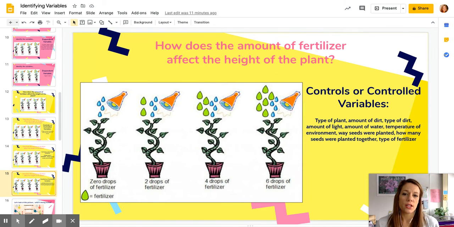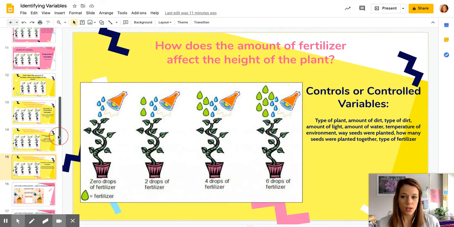Those are all things that could affect the results of how tall the plant grows. And we don't want them to, because we've decided to choose amount of fertilizer to test and not those other things. We could change the amount of dirt and measure the height, but for this particular question, we don't want the amount of dirt to affect the results because we have chosen, like I said, the amount of fertilizer. So all these other things, we want to keep the same. And that's what controls are.